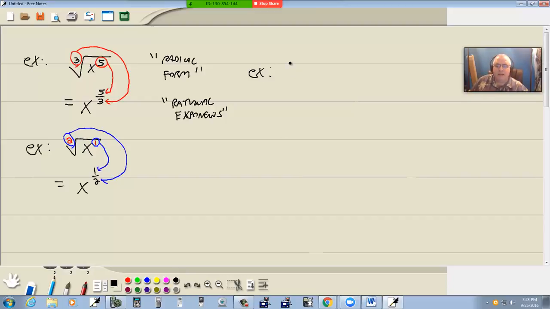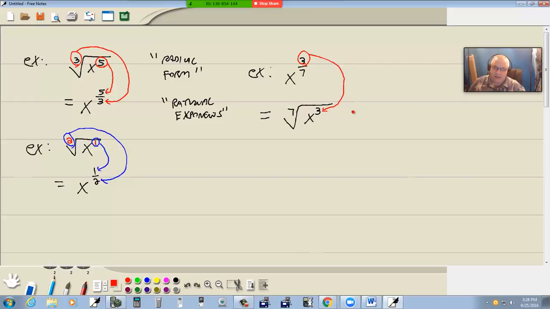Now we're going to put that back into radical form. So let's start off with x to the 3/7. And this is going to be the 7th root of x to the 3rd. How it works is whatever number is on top is your power, goes right there.